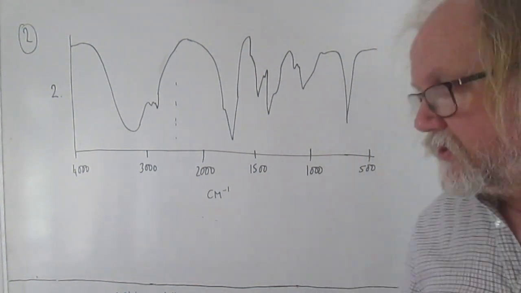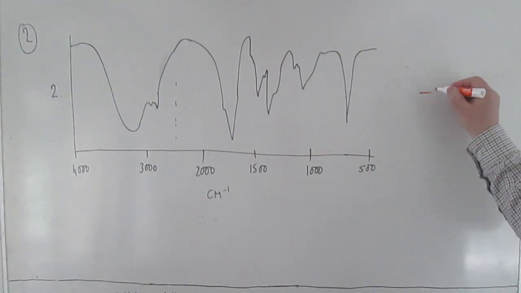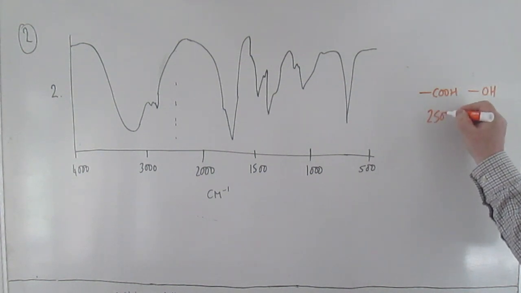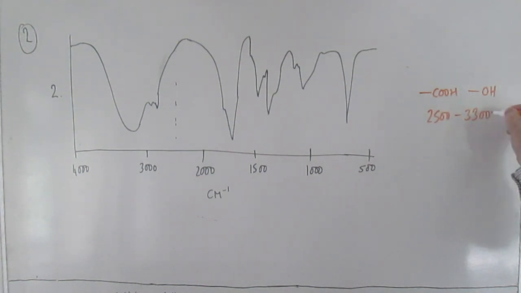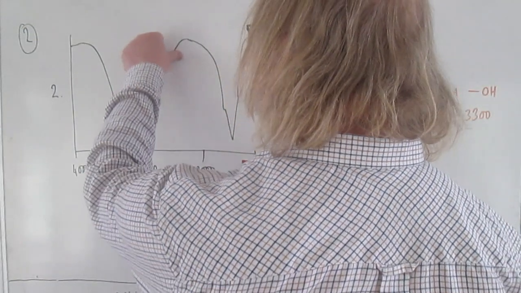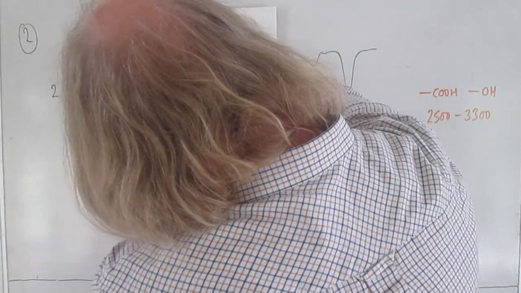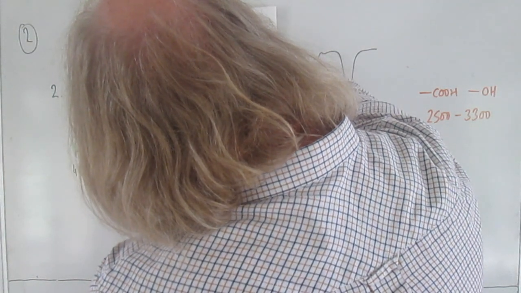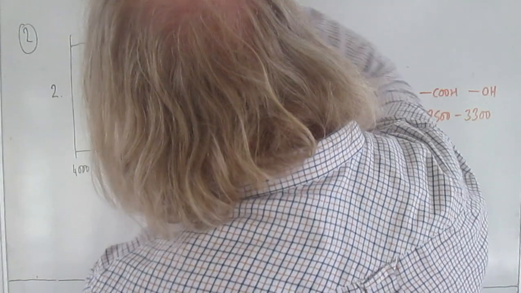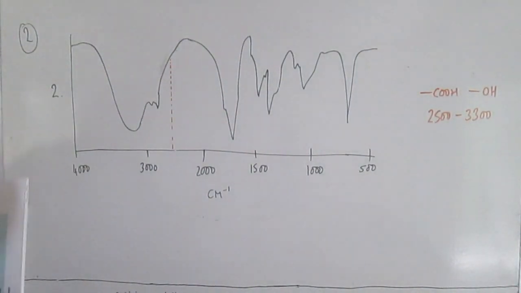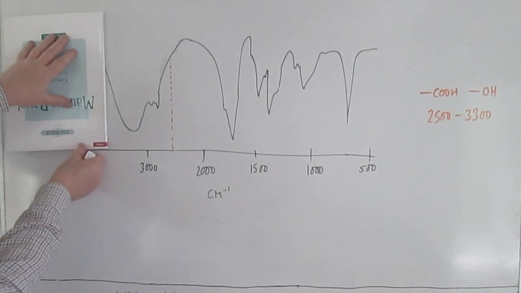On your datasheet it tells you that a carboxylic acid OH gives you a peak in the range 2,500 to 3,300, which is a very broad range. If we find that on here, 2,500 is somewhere around there. So if we draw the line up, you can see that comes somewhere there. And 3,300 comes somewhere here.